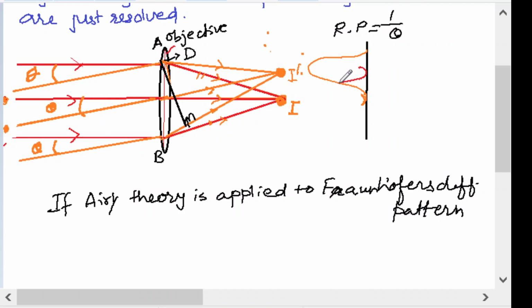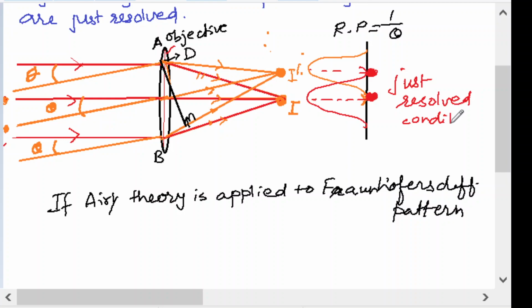So it will start like this, and in this case the minimum of the first is coinciding with the maximum of the second. At that time these points or these sources are called just resolved. Okay, this is the just resolved condition.